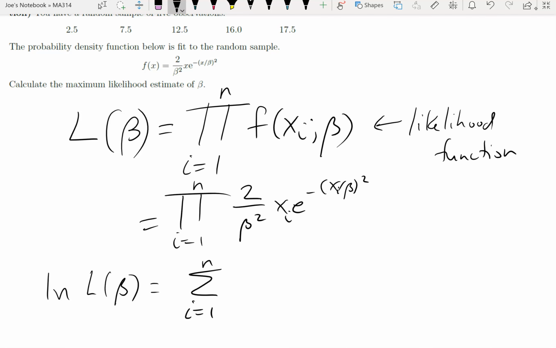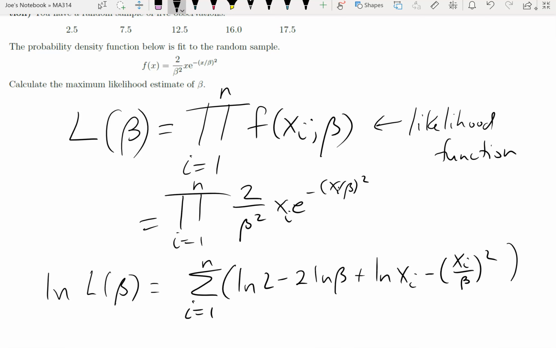This will be a difference, so this will be log of 2 minus 2 log of beta, right? Plus log of x sub i. And then log and e will cancel each other out, so then we'll just get minus x sub i over beta squared.